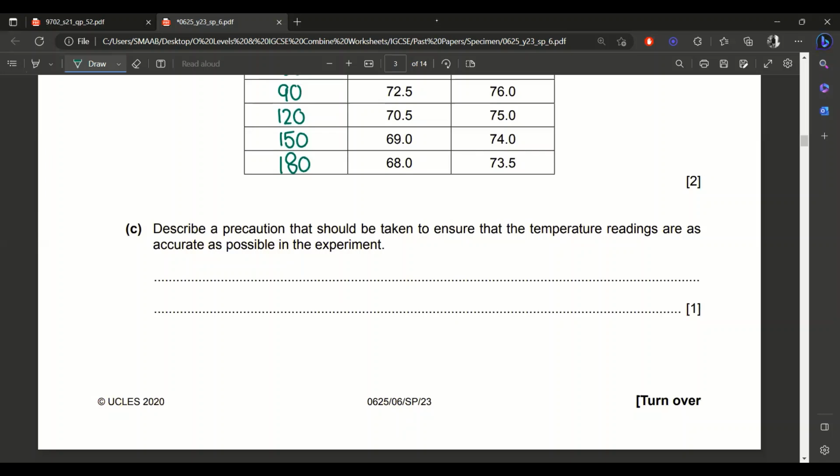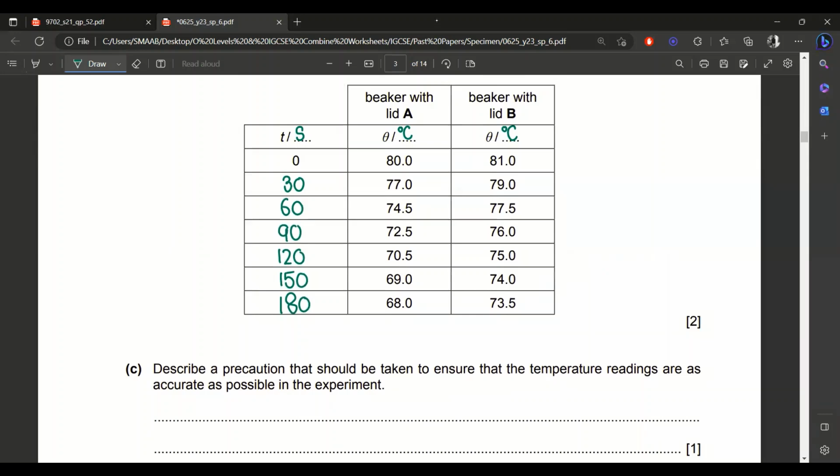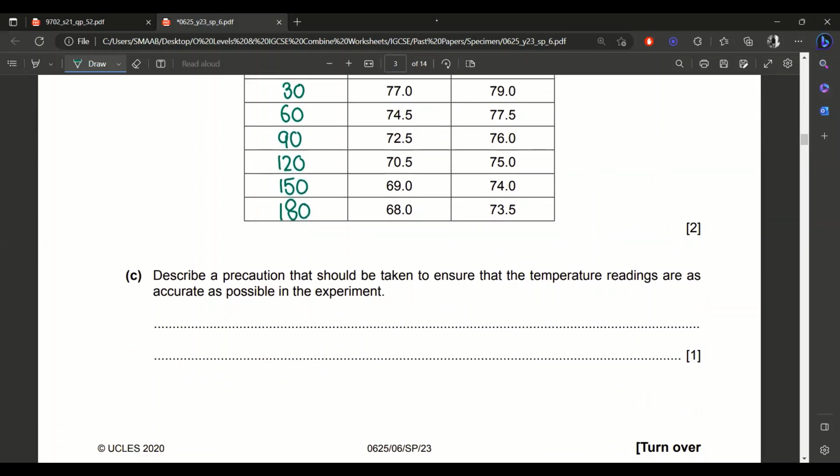We could repeat it. Okay. But if we want to take accurate readings, what do we have to do? We already have many readings in the table that is mentioned.